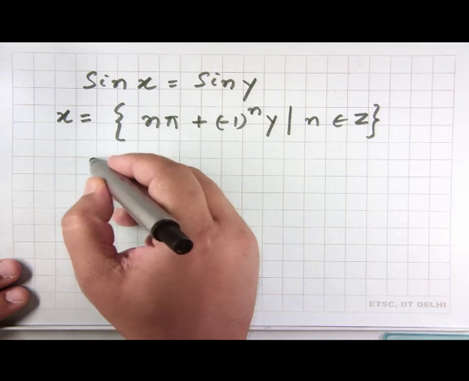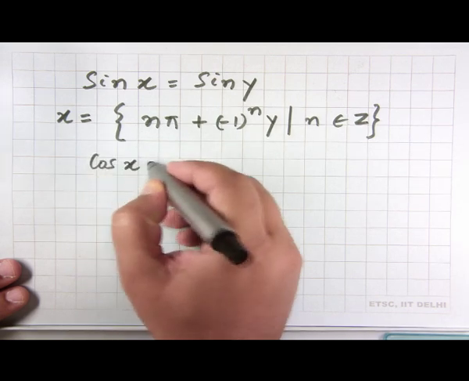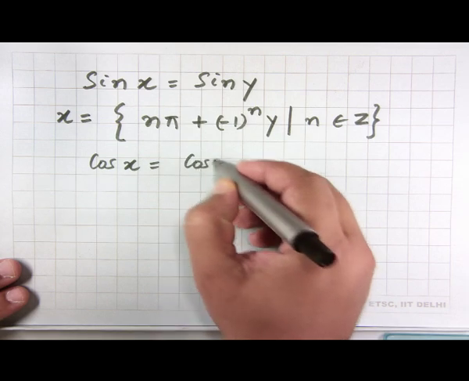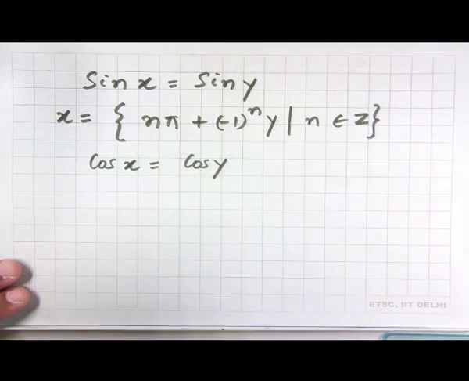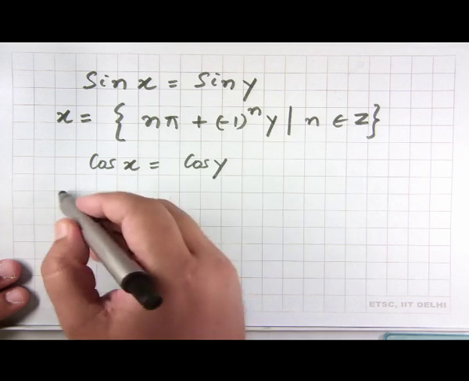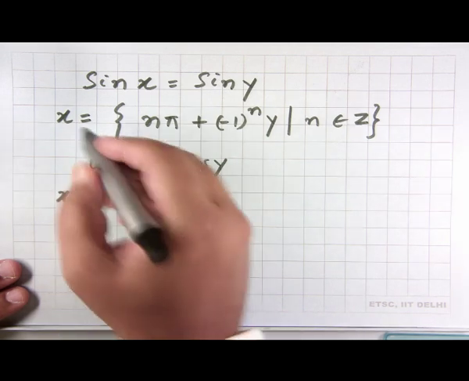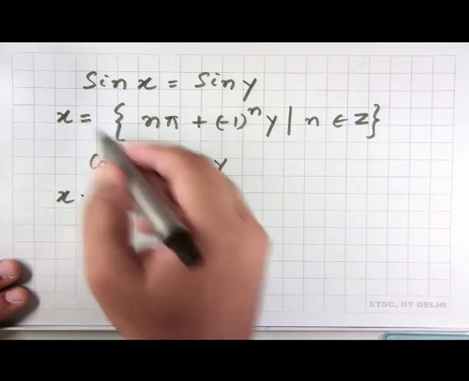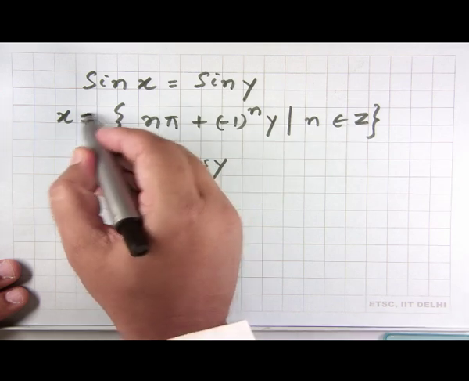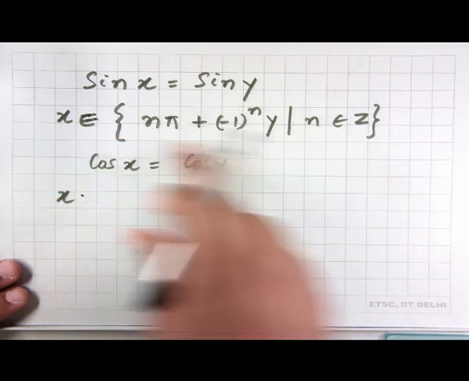Similarly, for the equation cos x equal to cos y, we showed that the general solution is of the form... here when I say x equal to, it basically means that x belongs to this set.